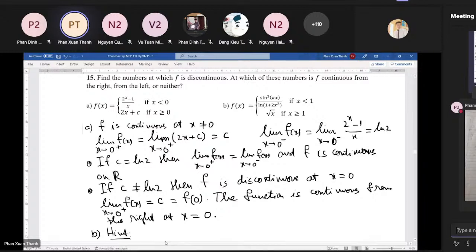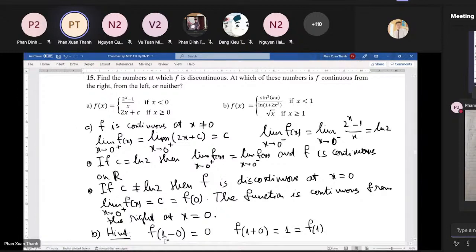We have the left-hand limit of f at 1 minus 0, which equals 0, and the right-hand limit of f at 1 plus 0 equals the square root of 1, which equals 1, also equal to f at 1.